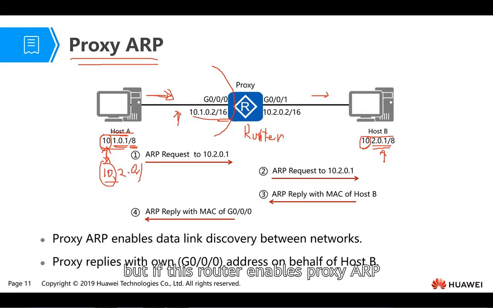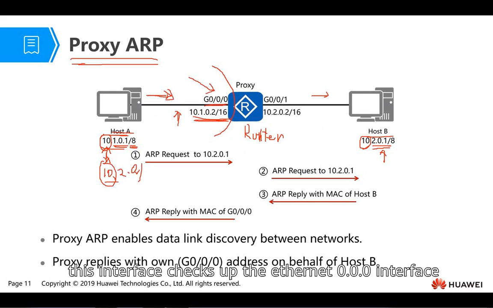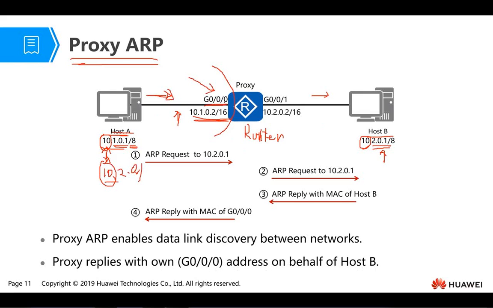But if this router has proxy ARP enabled, that means the router receives the ARP request on the GigabitEthernet 0/0/0 interface. Then the router will know this is an ARP request for another network, because the mask length is different. So the router will look for the ARP entry in itself.